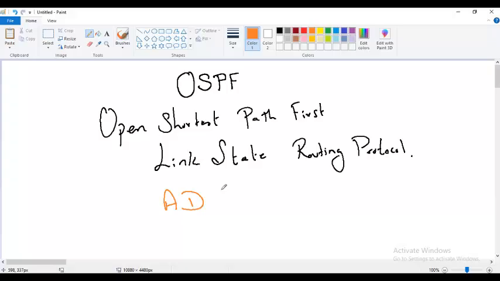For EIGRP, we saw 90. Yeah? That's for internal. Okay. For OSPF, it is 110. It's 110 for OSPF.